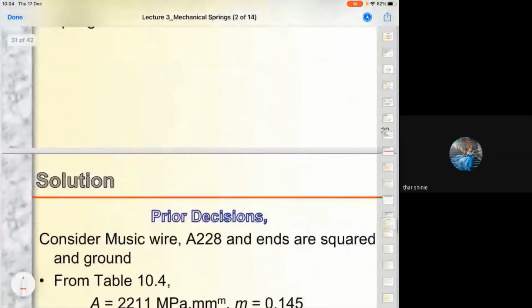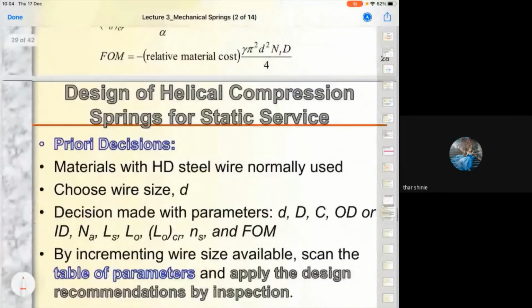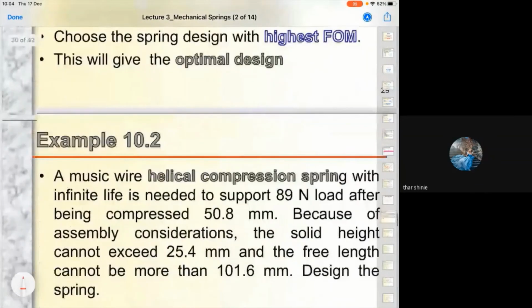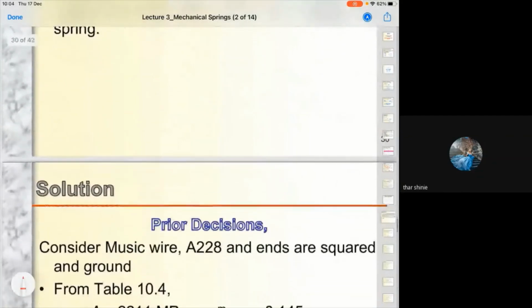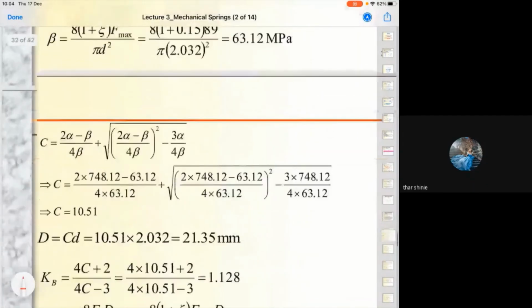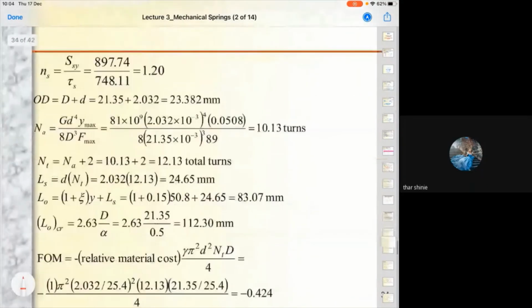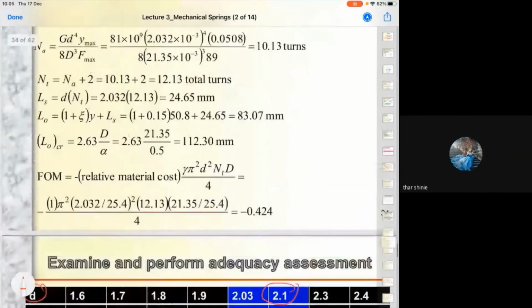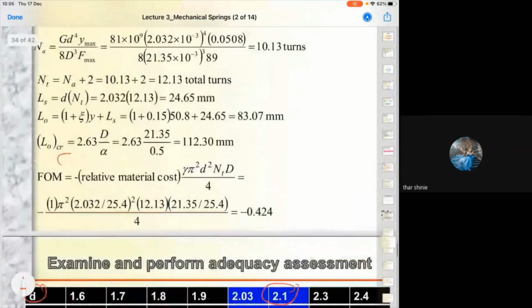So in the next class, we want to see design of helical compression spring. Everything, all the calculation exactly the same like the example that we just go through. But it's going to be a short analysis on relative material cost and how can we make use this table.